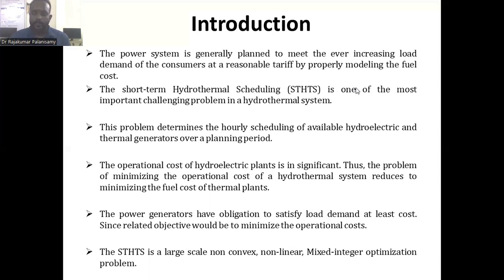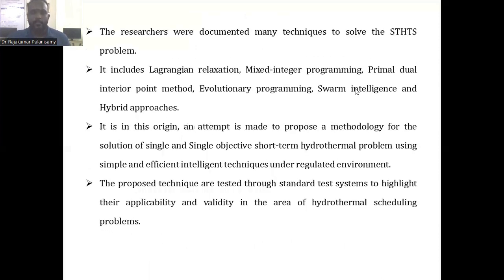Most researchers have concentrated on solving these problems as single objective as well as multi-objective, but here I am going to concentrate on single objective. Several classical and mathematical analyses have been applied on this problem, but convergence and divergence issues play a vital role.